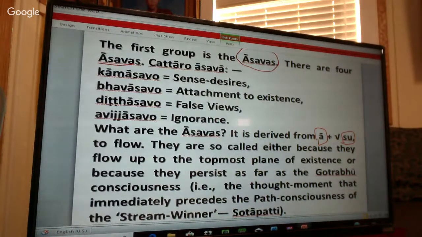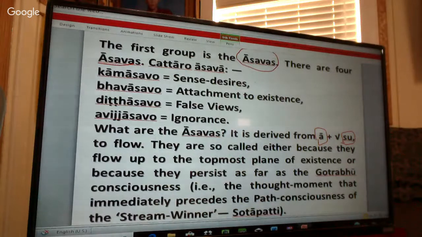The boundary between the noble person, Ariya, and the common person, Puthujjana, is the considerable consciousness.